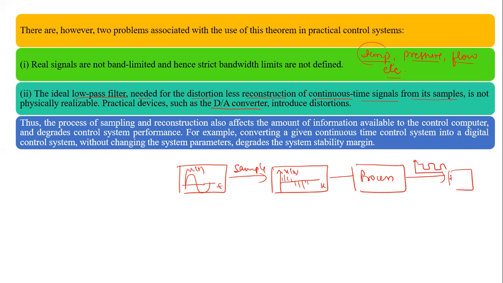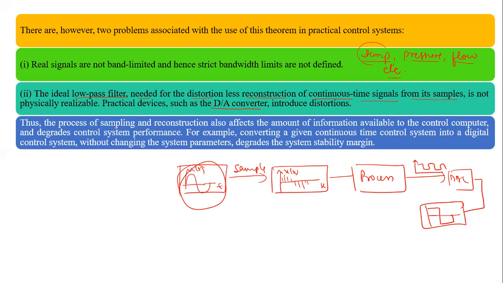Then we take a D to A converter. Then we need to have the same signal, but it is not practically easy to get the same reconstruction of the signal. So we may get something like this, a continuous signal like this. We may get a square wave, which is a continuous signal, but not exactly the sine wave. So these are the issues which are related to the conversion, which are related to digital control, right?